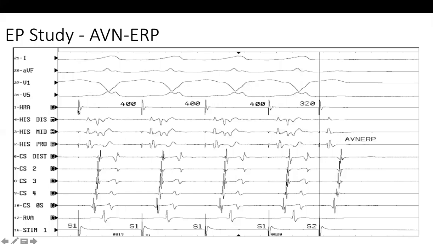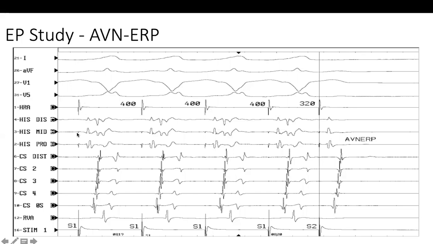Sorry, the pacing is in the atrium, but the recorded one is the CS ostium before the CS distal. So that makes it a little bit more confusing here. I brought this slide just to show you the difference in the orders that you might face in the exam.